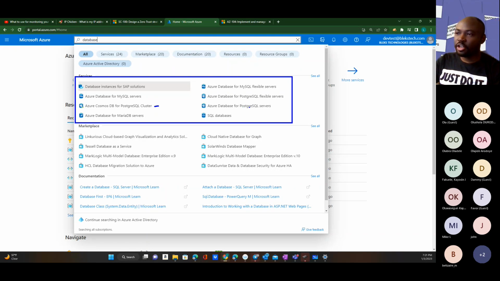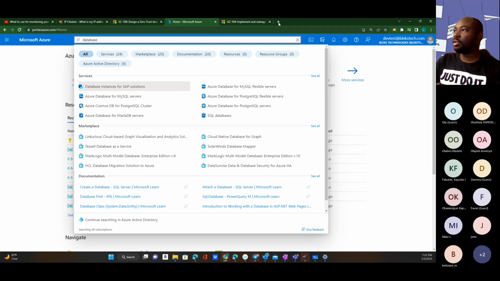If you are coming from AWS, Cosmos DB is the equivalent of DynamoDB. So if you are familiar with non-structural databases in AWS, that is DynamoDB. So here we call it Cosmos DB.